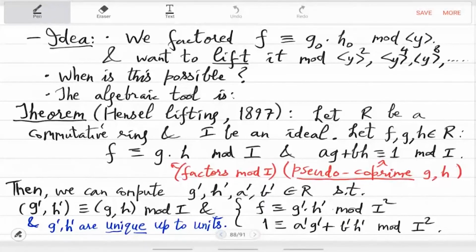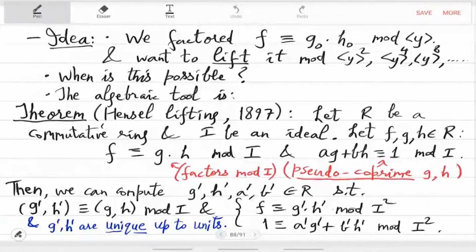So g is of degree d prime and h is of degree d minus d prime in terms of x, and degree of f in terms of x is d. So you start with a nice monic co-prime factorization.